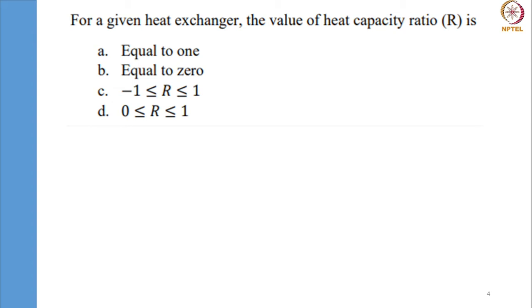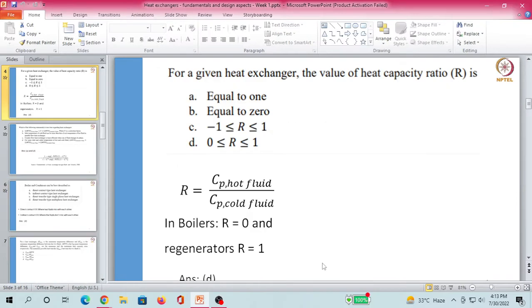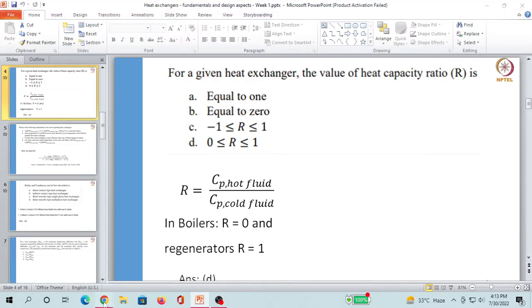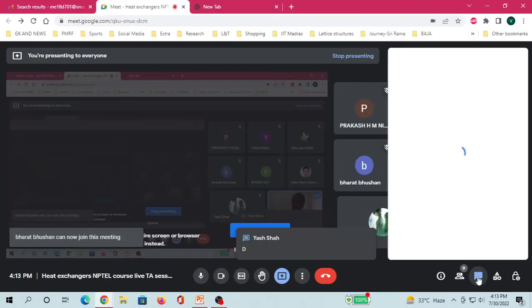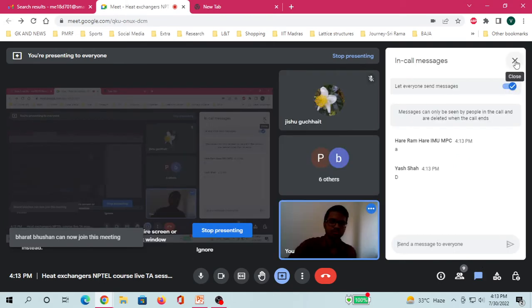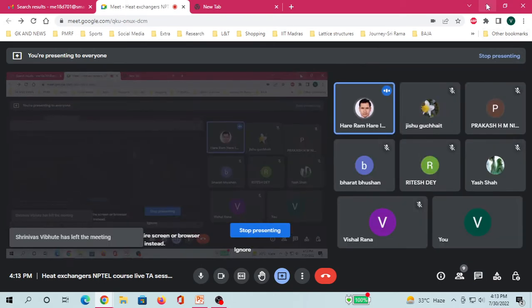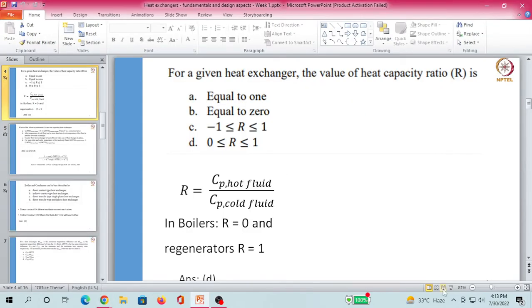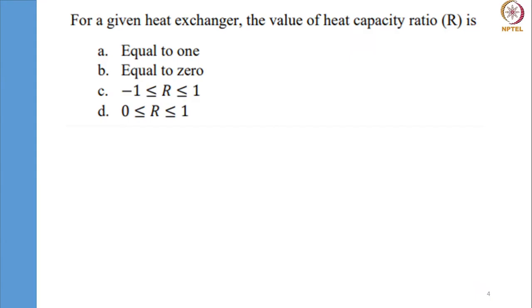It will be better if you can unmute yourself and talk, because I have to come back to the Google Meet screen. Sir, answer should be A, 1. Okay, one of your friends says it is A, and some other in the chat box I have it is D. So it is equal to 1.